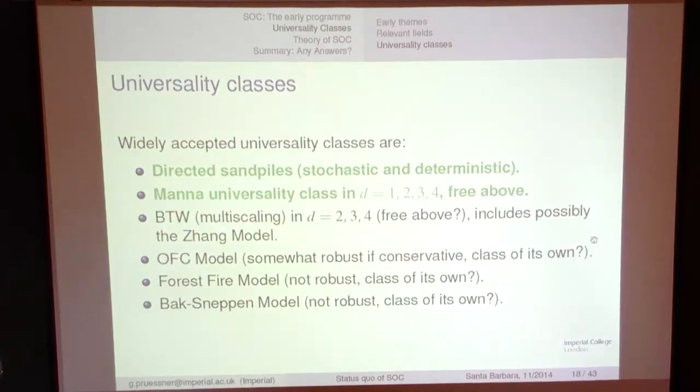Because we have a conjecture for this dynamical exponent. You're probably right, because you will find a model that doesn't exist, and the conjecture doesn't. Yeah, I would be very skeptical about the BTW model. I've seen it in action, and I've seen the numerics, and it is just a pain.